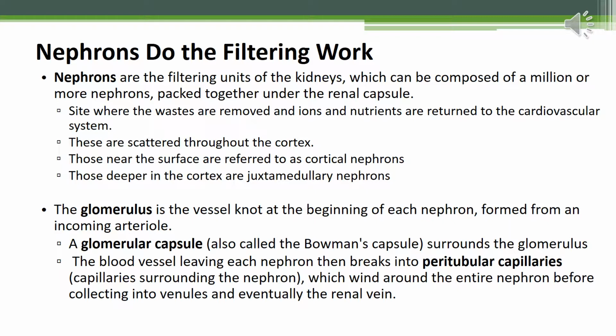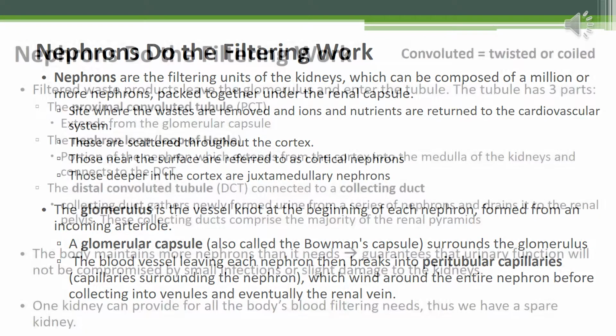The blood vessel leading into each nephron also then breaks into peritubular capillaries, which are really the capillaries surrounding the nephron, and these wind around the entire nephron before collecting into the venules, which eventually become the renal vein.